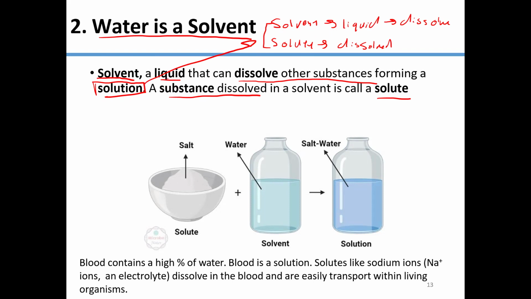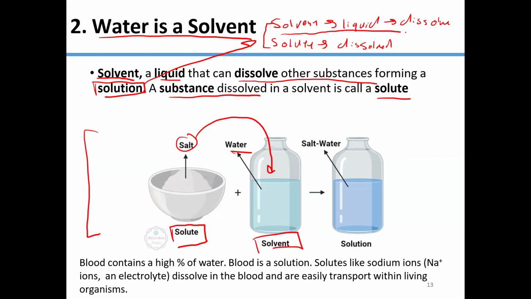So now that we covered those two major terms, we can look at our example right here, which is our salt, our water, and then our salt water. Our solute, the thing that can be dissolved, is the salt. When you add that salt into water, which is our solvent, because remember, solvents are liquids that can dissolve, water is dissolving our solute, which is our salt.